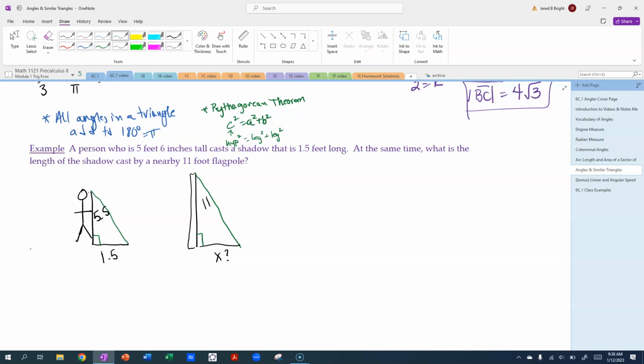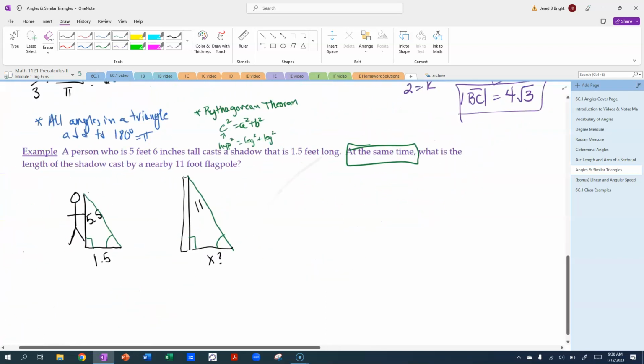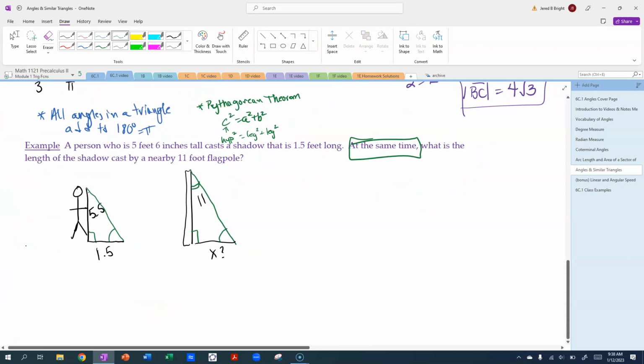Yes, since it's the same time of day, the angle from the ground to the top of the pole will be the same as the angle from the ground to the top of the person. And then if you do the arithmetic, the other angles are the same as well. Okay, so I get similar triangles.